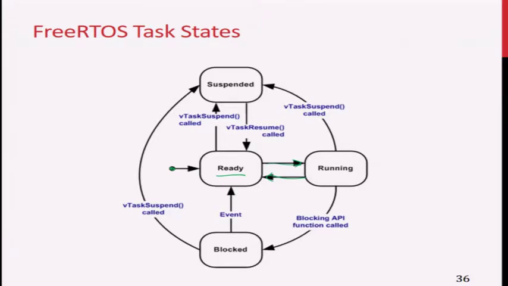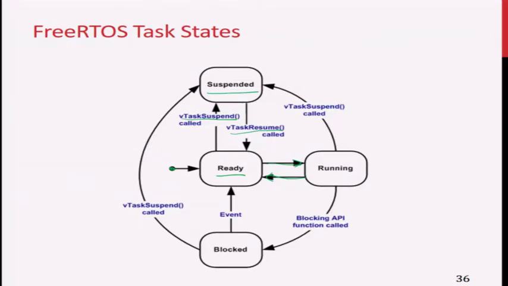If I want to suspend the task, I may intentionally want to put my task on a suspended state for a period of time. Then I call this function. So if I call this function, I will go to a suspended state. From my suspended state, if I call vTaskResume, I come back to a ready state.